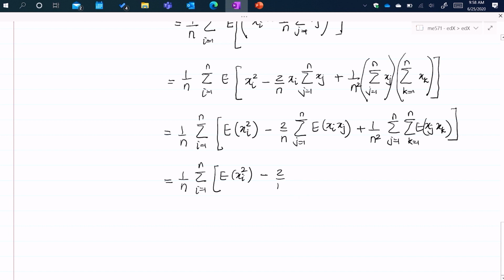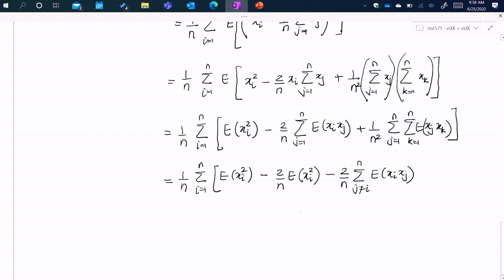So I'm going to write this as 2 over n expected value of xi squared minus 2 over n summation j not equal to i going up to n expected value of xi xj.